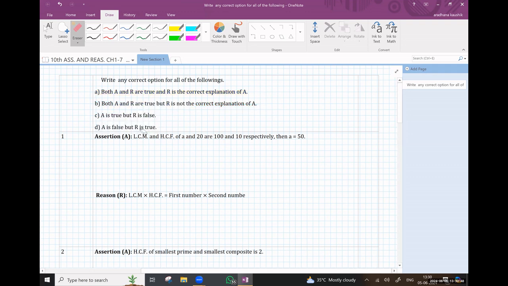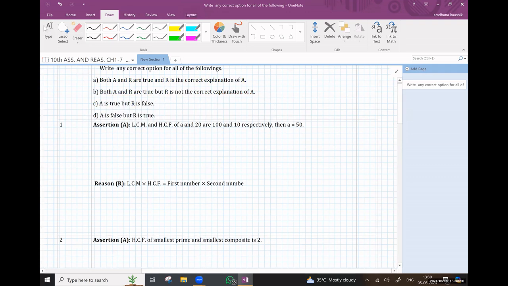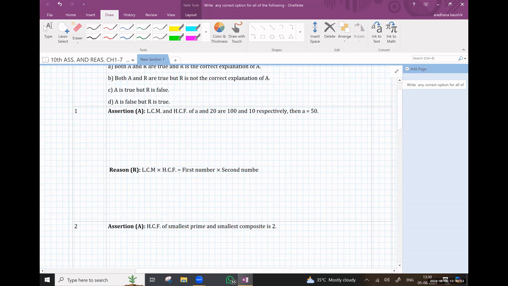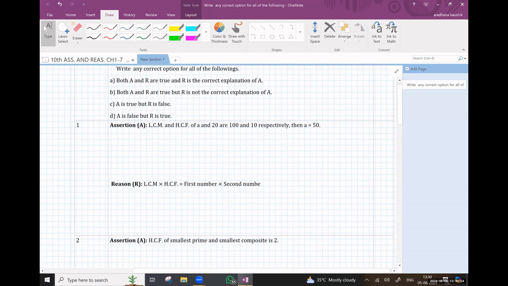Question number 1. Assertion: LCM and HCF of A and 20 are 100 and 10 respectively, then A is equal to 50. So we are going to simplify this.